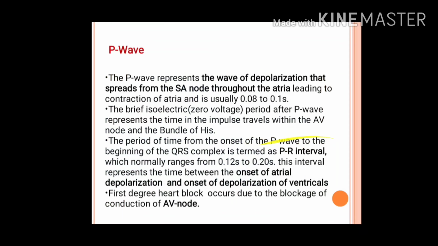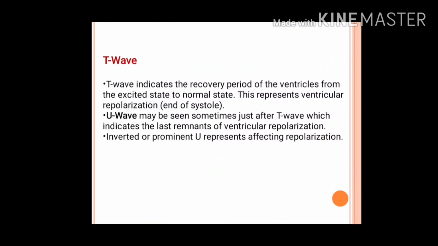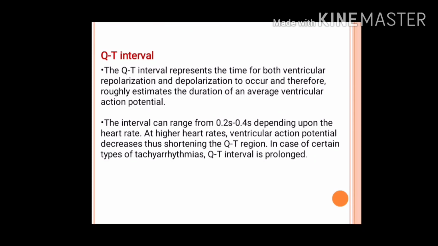It is the time for both ventricular repolarization as well as depolarization, and it roughly estimates the duration of an average ventricular action potential. The interval can range from 0.2 to 0.4 second depending upon the heart rate.